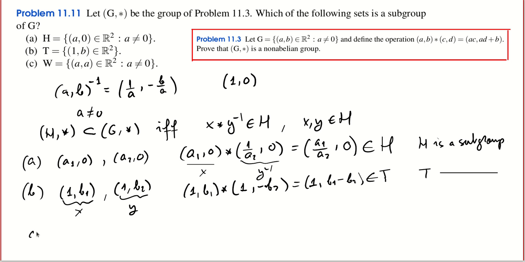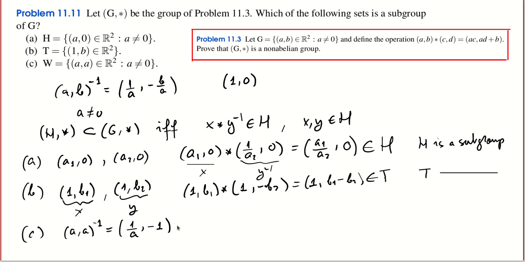What about W? Well, in W what you have is all the elements in which the two components are equal. All right, so let's take one element (a, a) and try to calculate what the inverse is. Well, a is of course different from 0. That goes without saying. And then the inverse will be 1 over a, and the second component will be negative a divided by a, so negative 1, right?